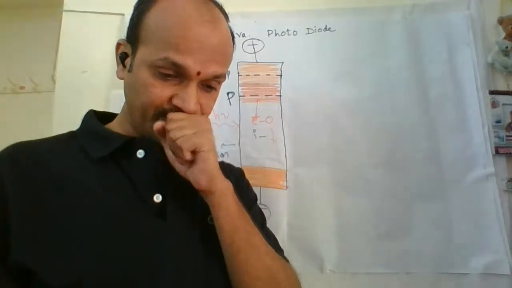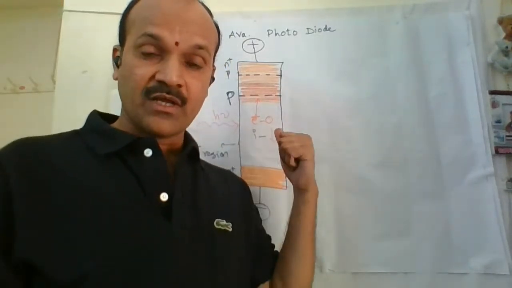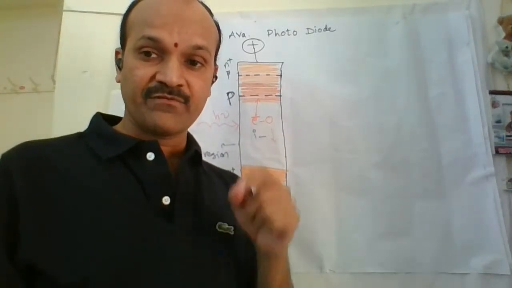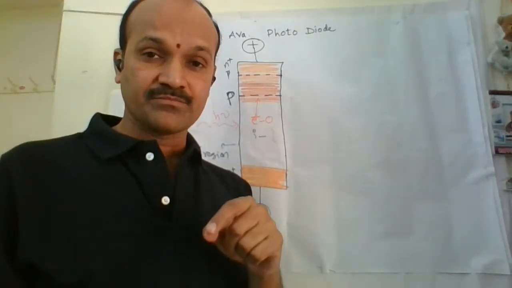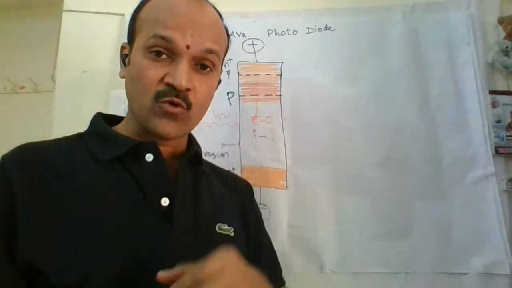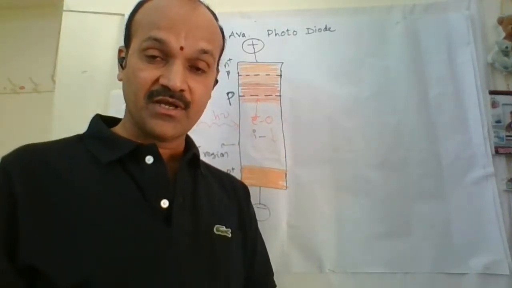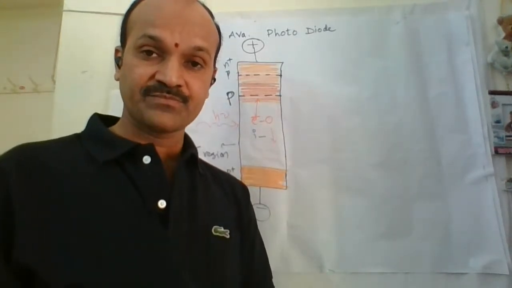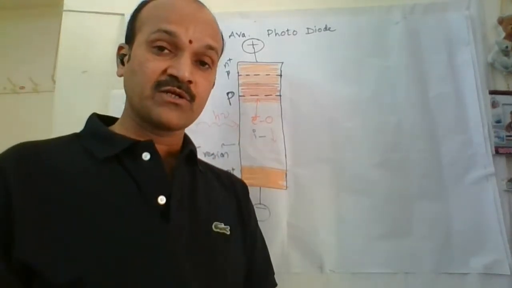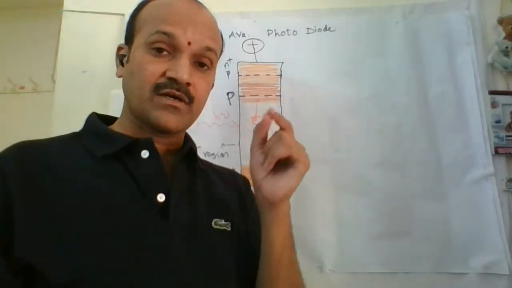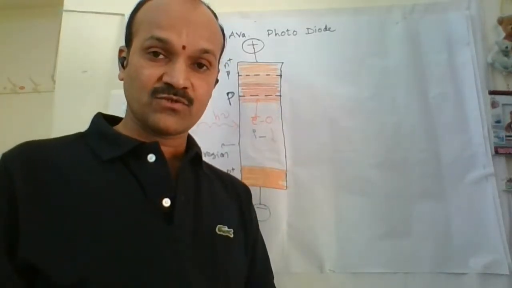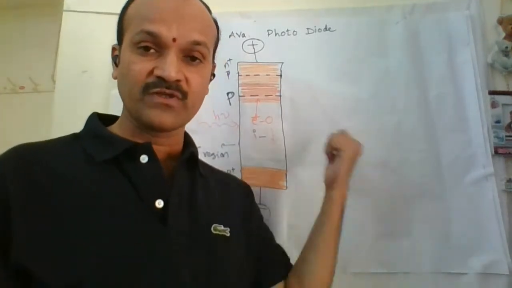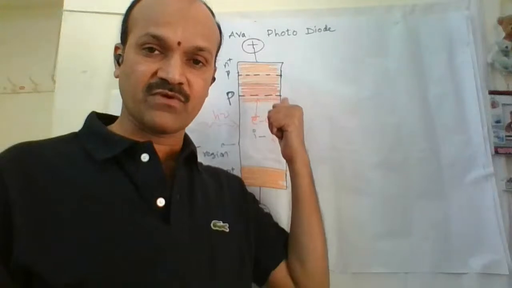And one more important point: when you apply bias, how much value has to be applied? We apply up to breakdown voltage. You know what breakdown voltage is. At breakdown voltage, the charge carriers move with saturation velocities, the maximum velocity.